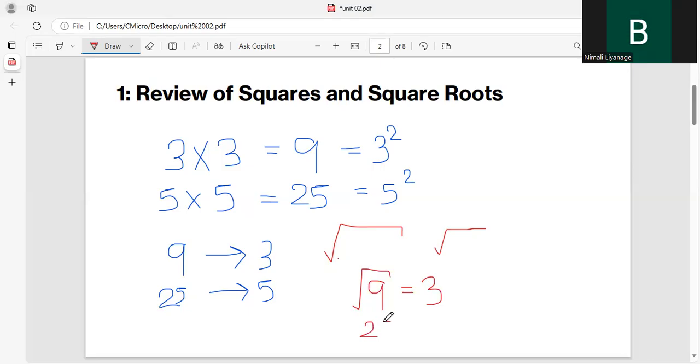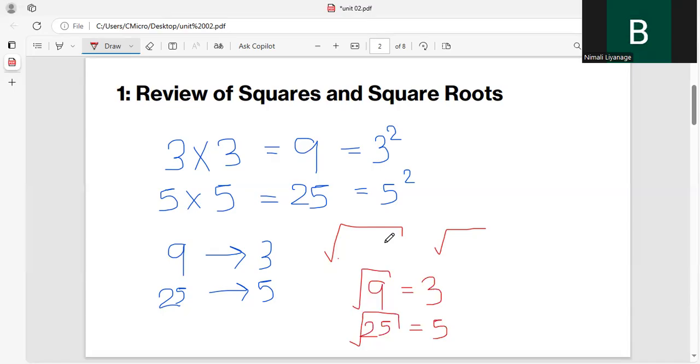Square root of 25 is equal to 5. Okay, very simple. So we use this symbol to denote square root. Don't you have any questions?